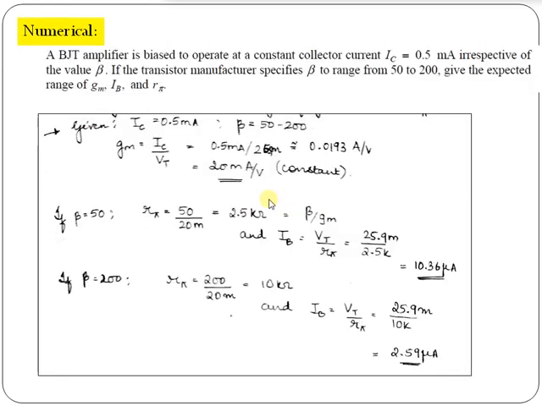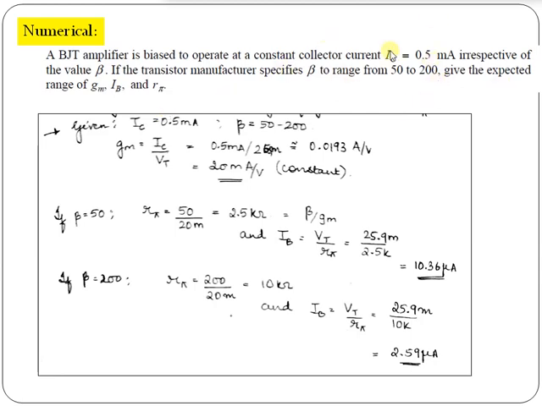Let us solve another numerical, which says a BJT amplifier is biased to operate at a constant collector current IC equal to 0.5 milliamps irrespective of the value of beta. If the transistor manufacturer specifies beta to range between 50 and 200, give the expected range of GM, IB and R pi. This question is a very good example showing that though the manufacturer specifies a transistor, the beta value can change.